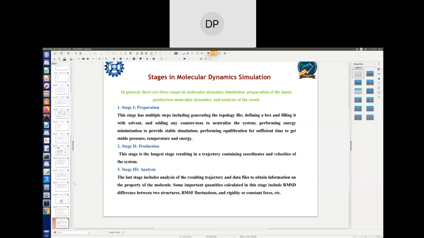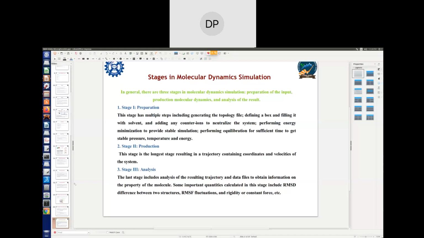Then after that, energy minimization. After making this system neutral, you need to minimize it, so the system gets ready for the further steps. And after that, you have to perform equilibration for sufficient time to get stable pressure, temperature, and energy.